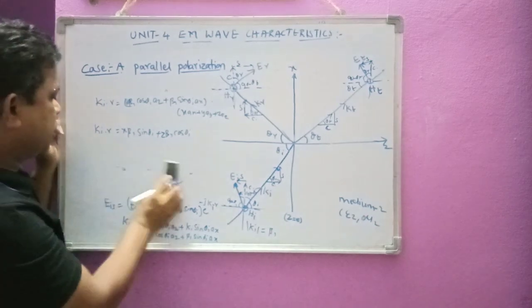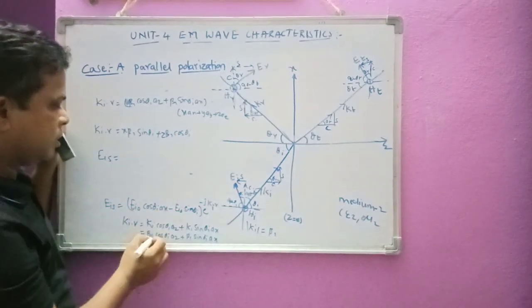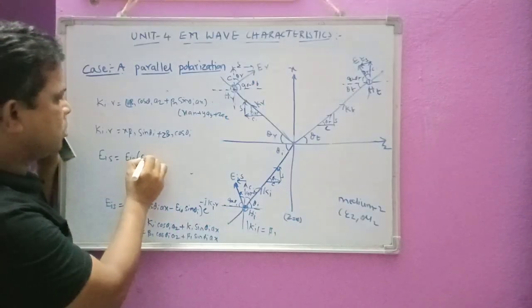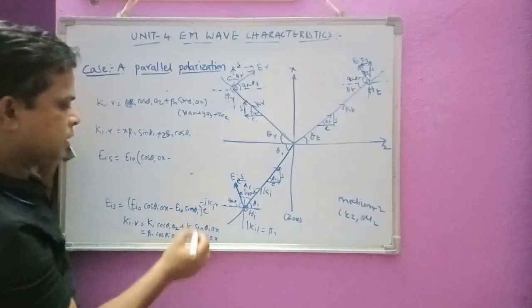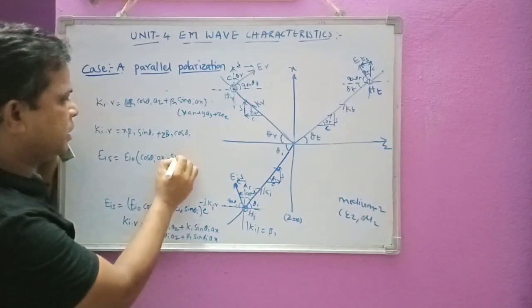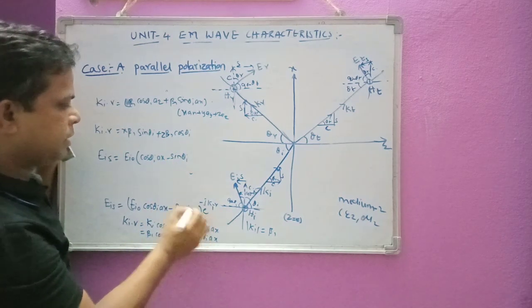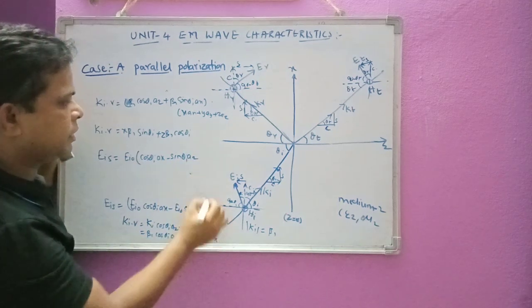So the incident electric field E_iS will now become this one: I will take E_i0 common here, cos theta_i a_x minus sin theta_i a_z. I forgot to write a_z here.